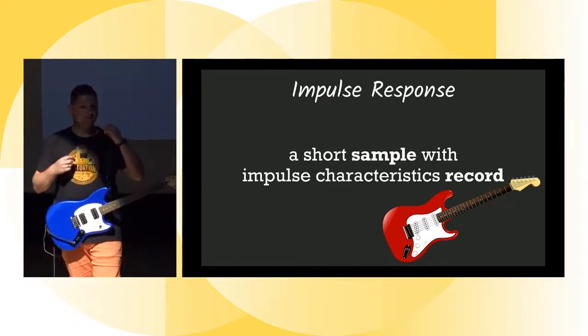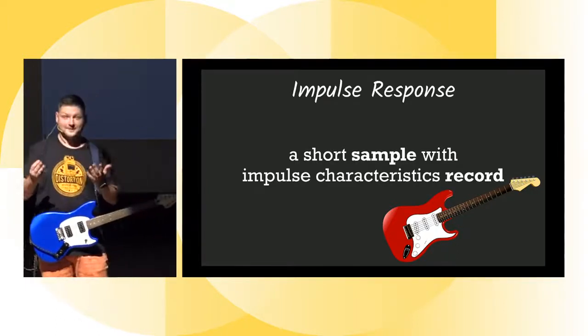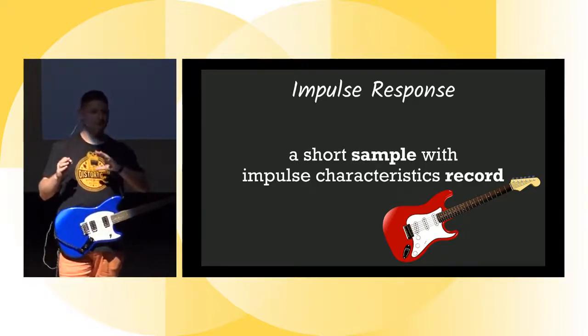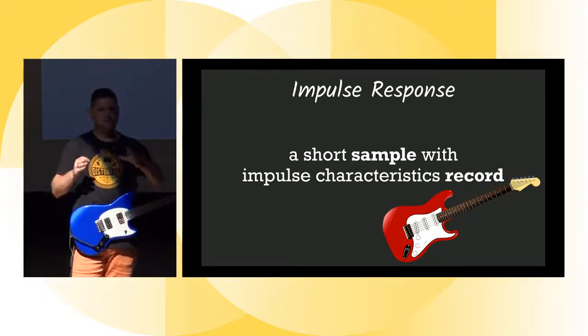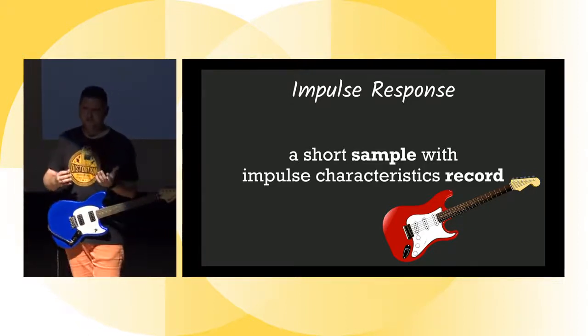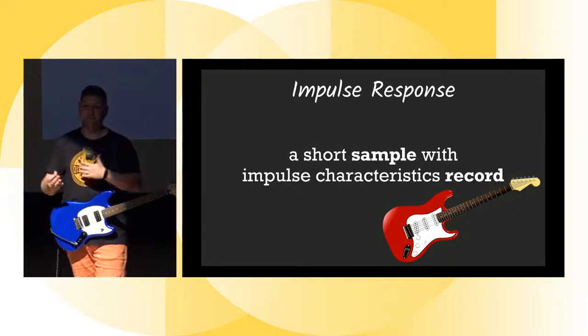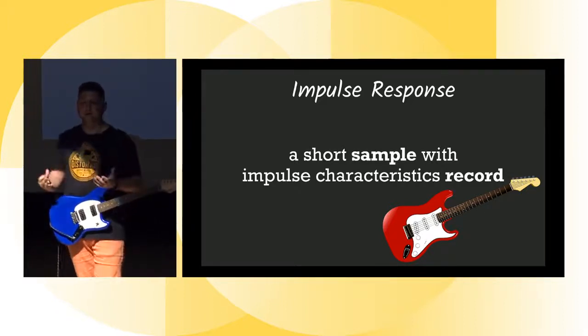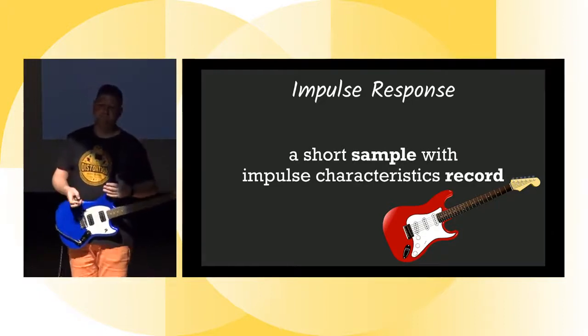You can think of it like a photo. A photo is a snapshot of light at some point in time. An impulse response is the same, but applied to sound. So it's a snapshot of some sound in some space at some point in time.